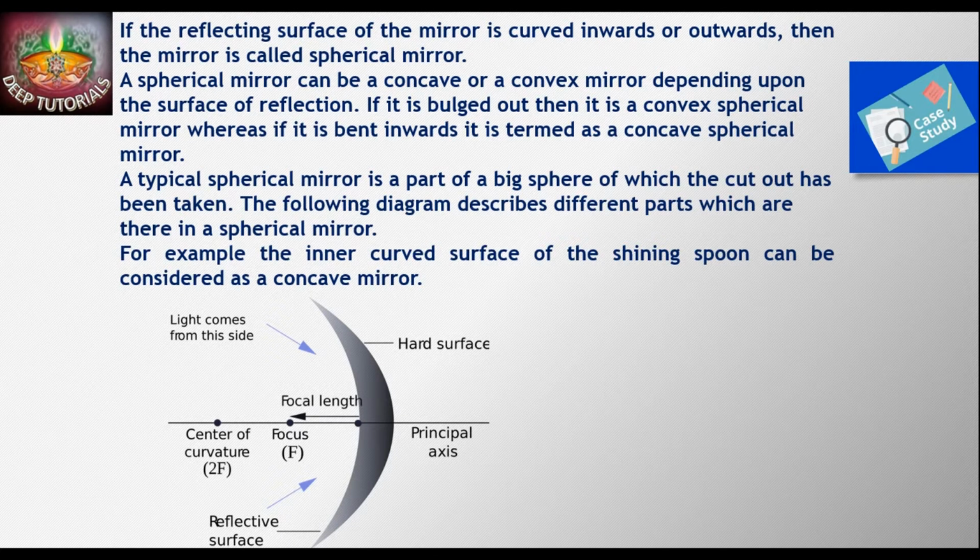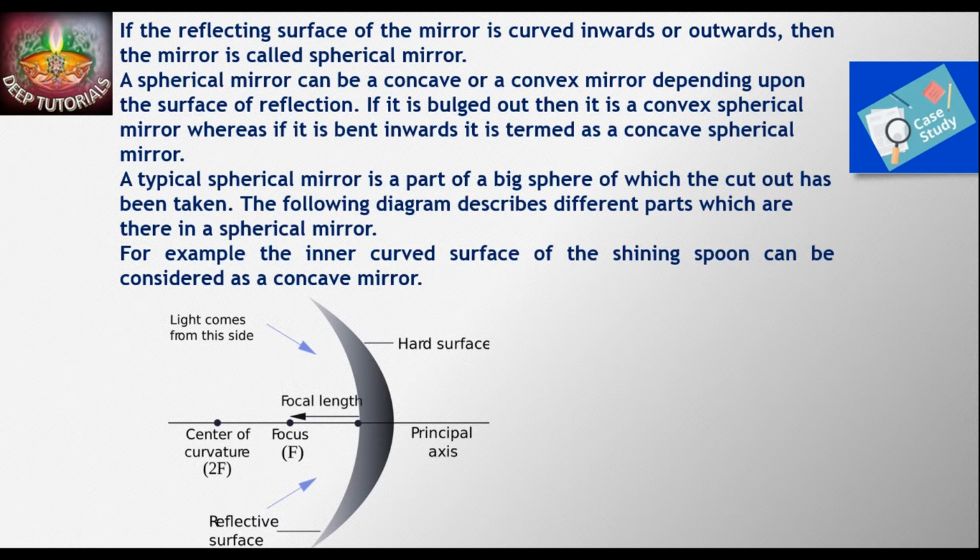If the reflecting surface of the mirror is curved inwards or outwards, then the mirror is called a spherical mirror. A spherical mirror can be a concave or a convex mirror depending upon the surface of reflection. If it is bulged out, then it is a convex spherical mirror, whereas if it is bent inwards, it is termed as a concave spherical mirror.